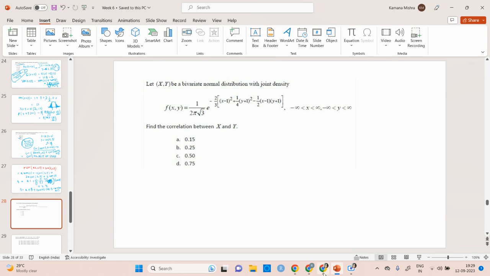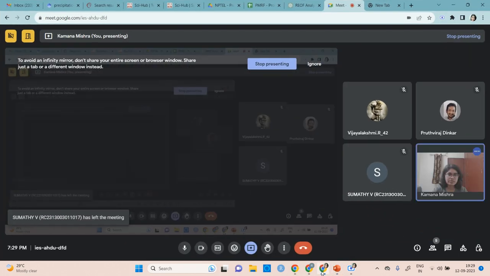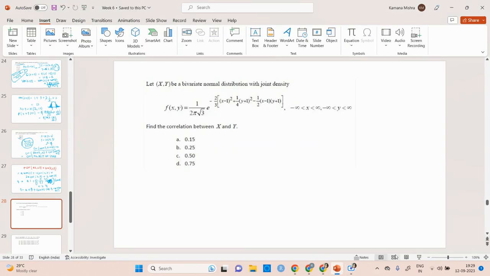Okay. So here it is given that x and y are bivariate normal. Have you gone through the notes where the bivariate normal distribution's density function is defined?